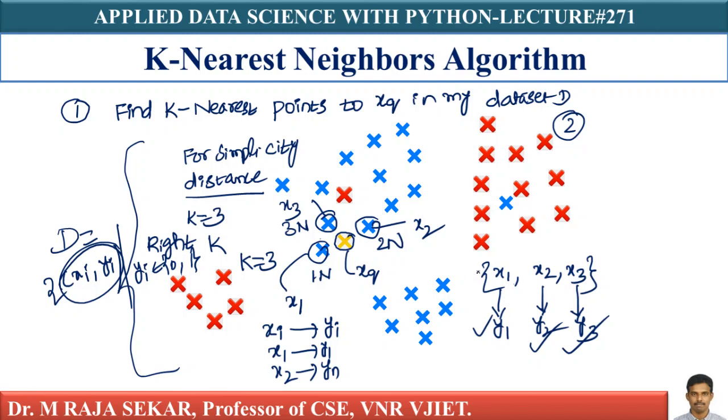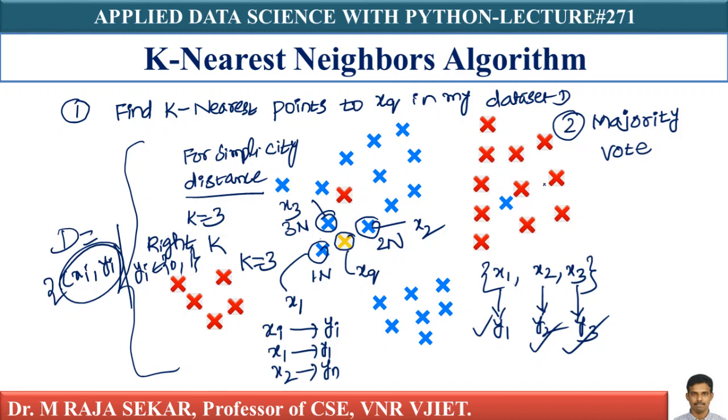There is something like majority vote. What does majority vote mean? How does majority vote work?